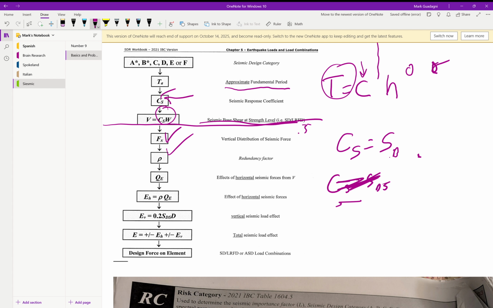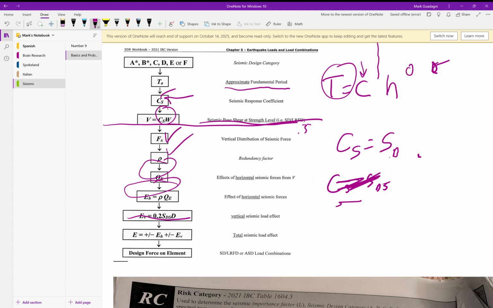That's that. Redundancy factor will show how much you have to amplify your horizontal seismic forces.